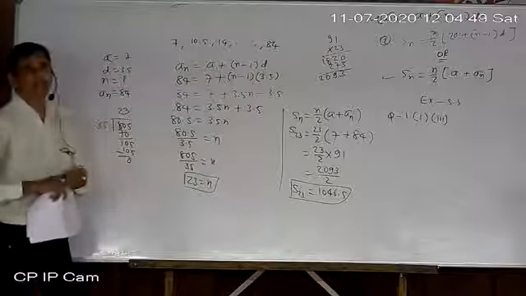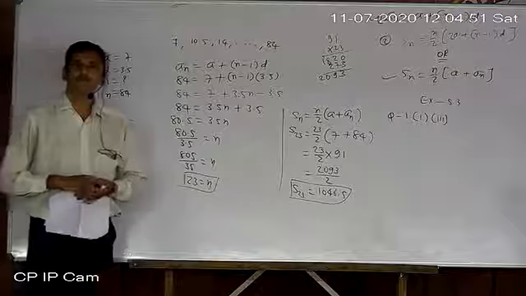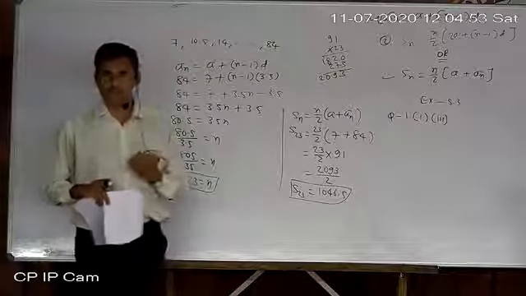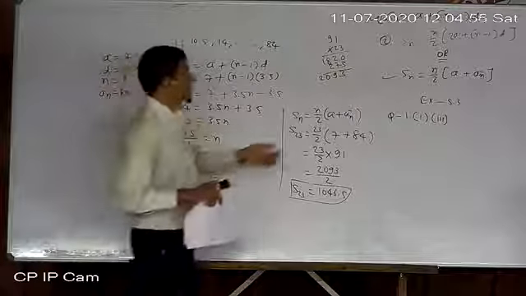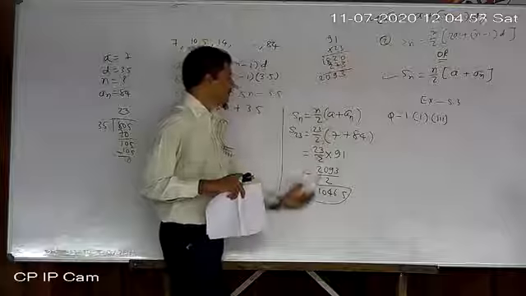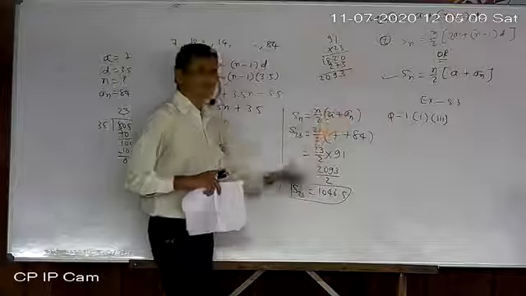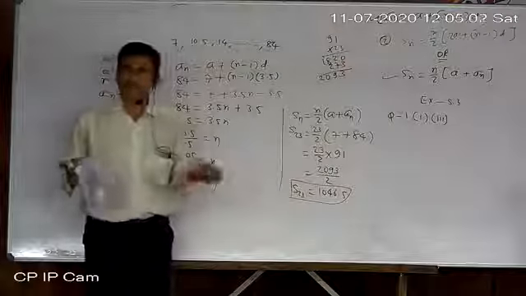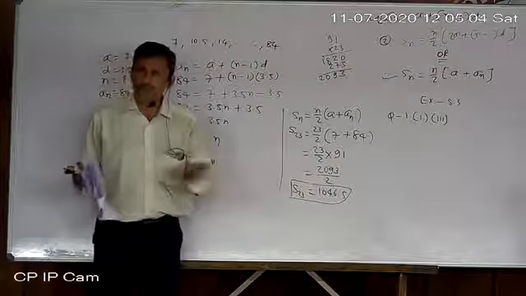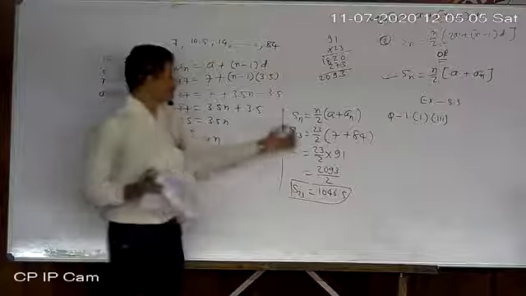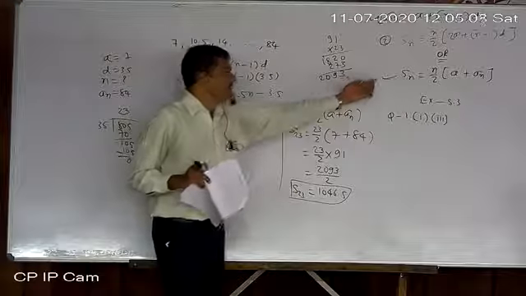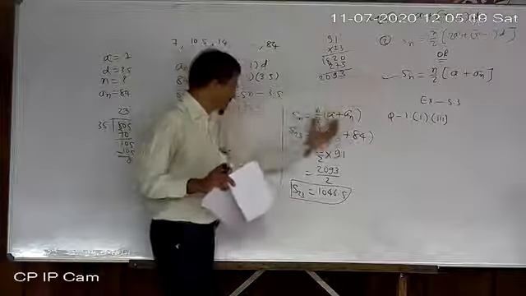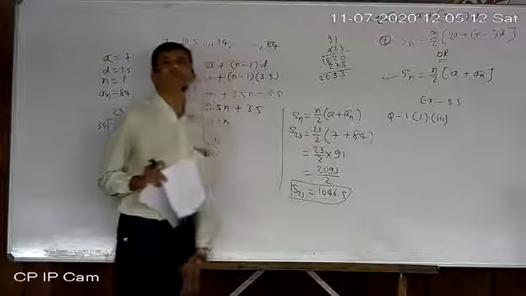After finding n, now we can find our main answer, the sum. For getting the sum there are two formulas, anyone you can use, but whenever the last term is given, obviously we can use the short formula to avoid more time consumption. So just use that short formula, place our values again and simplify.